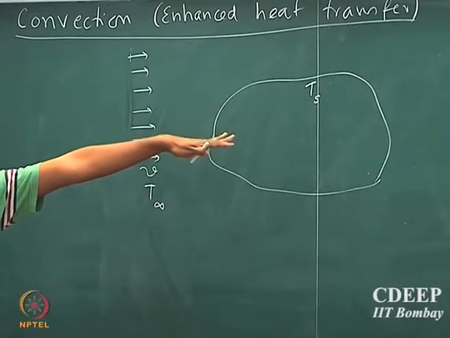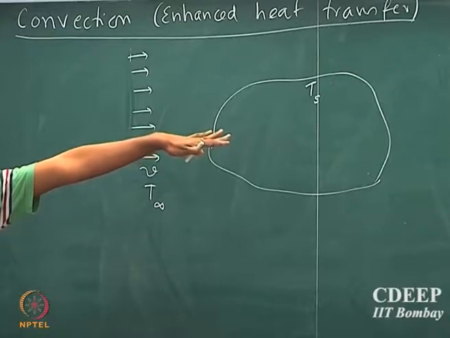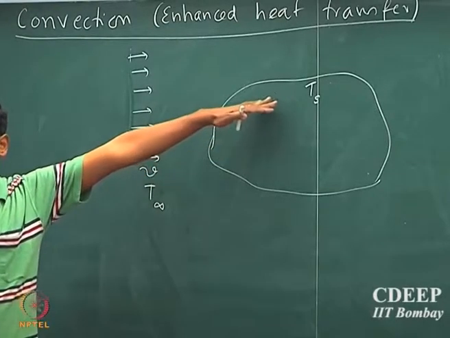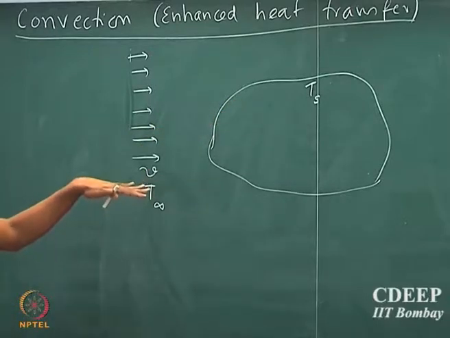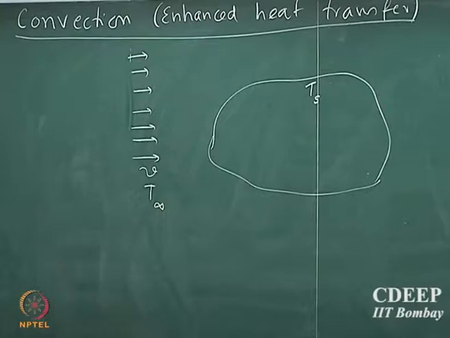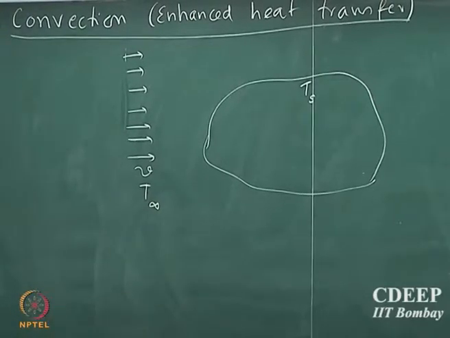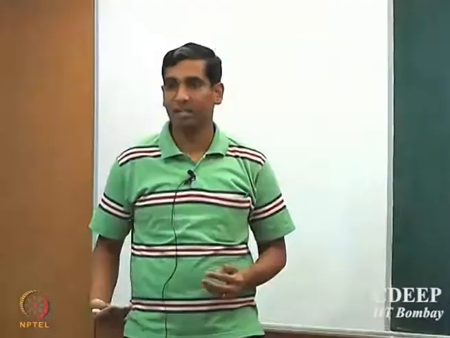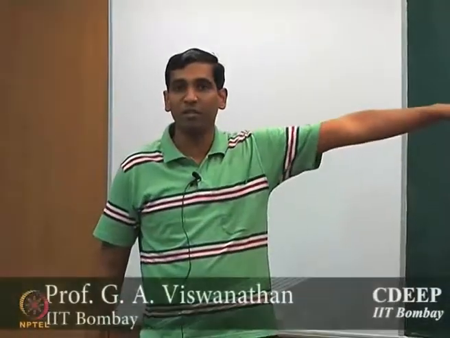Remember that all through this course so far, you must always compare with measurable quantities. So the temperature of the surface and the temperature of the fluid which is flowing past the object, these two are measurable quantities. So you would like to express the heat transport coefficient, etc., everything in terms of these two measurable quantities.